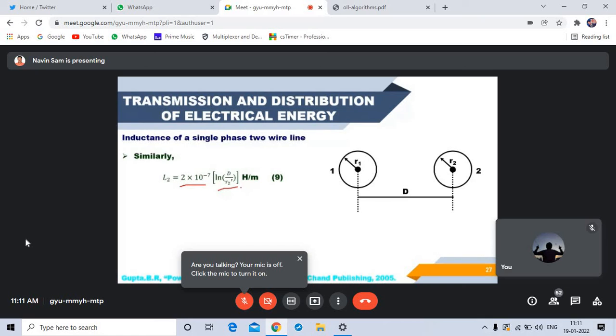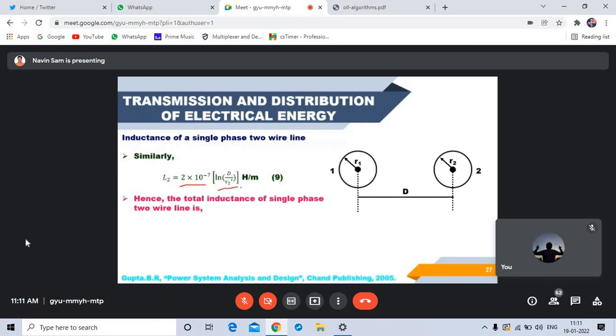So now it is time to evaluate the total inductance. We have estimated individually the inductance of conductor 1 and the inductance of conductor 2. That is what we have done. So now it is time to estimate the total inductance of a single phase transmission line. That is going to be the summation of L1 and L2. For a single phase 2 wire line, L can be written as L1 plus L2.